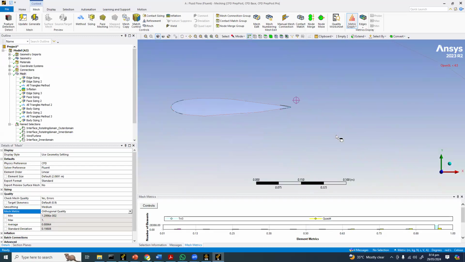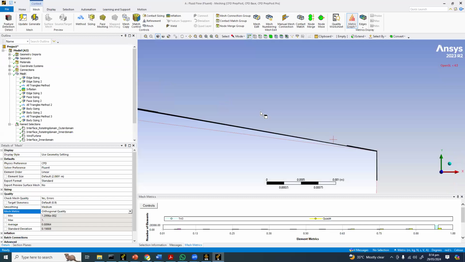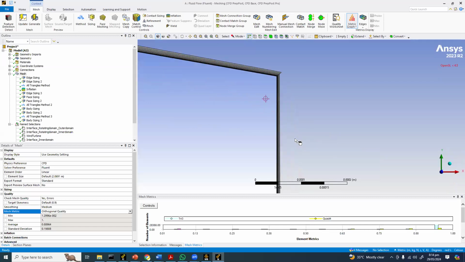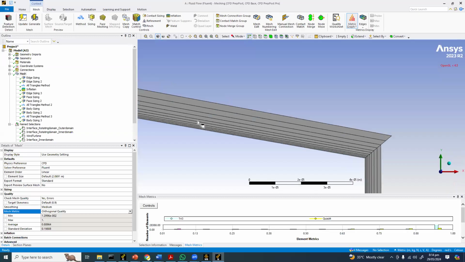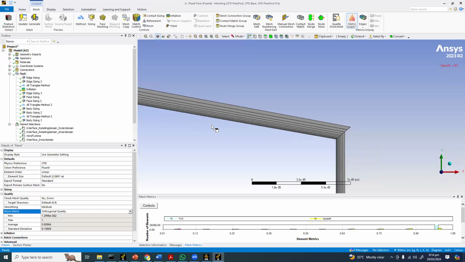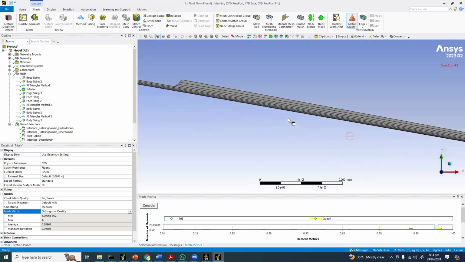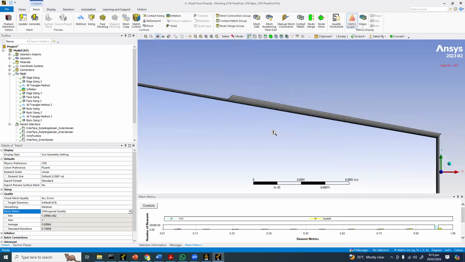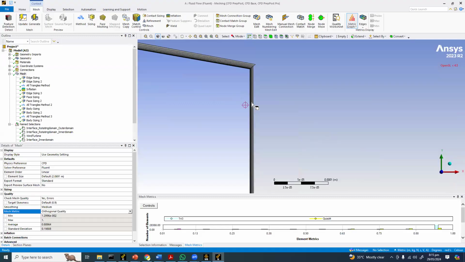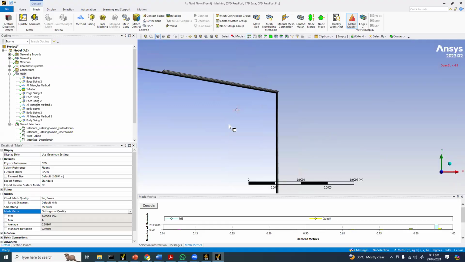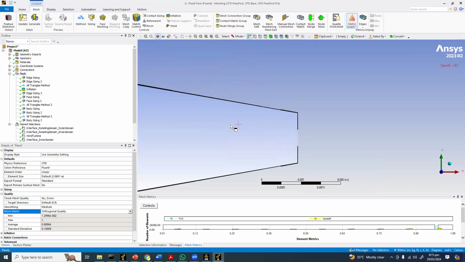The lowest quality elements are here. And why so? They are low quality because the length is very, very long and the angle is there. If we change the length, like if we put more cells here, we can increase the quality. But right now, this is not our target, so just leave it as it is.